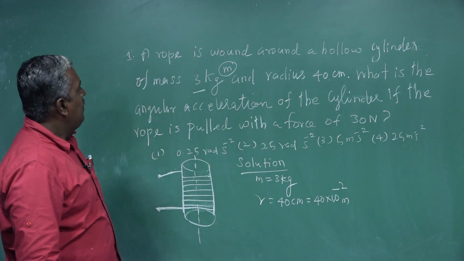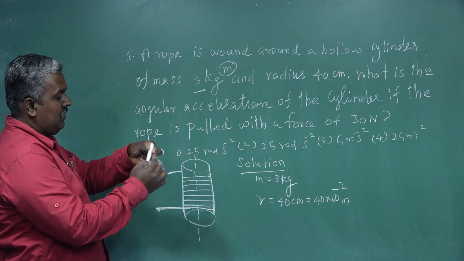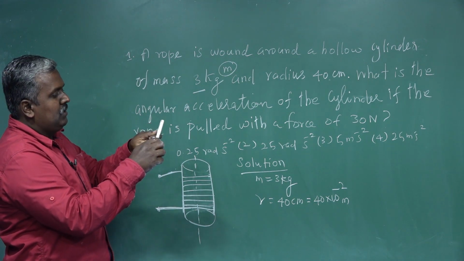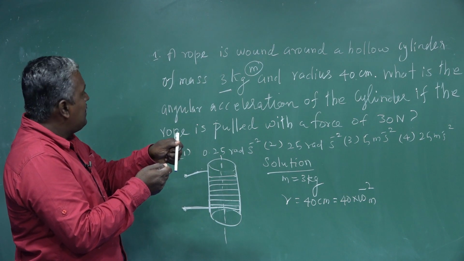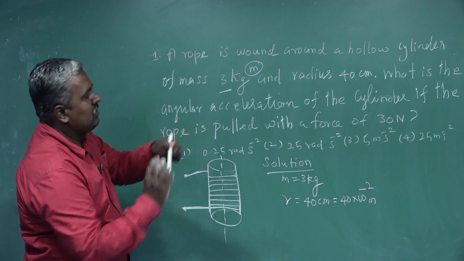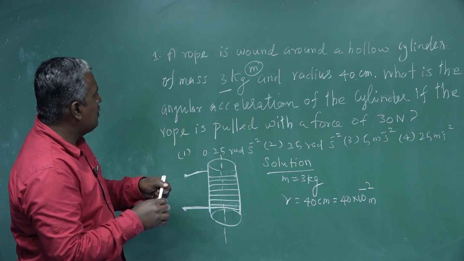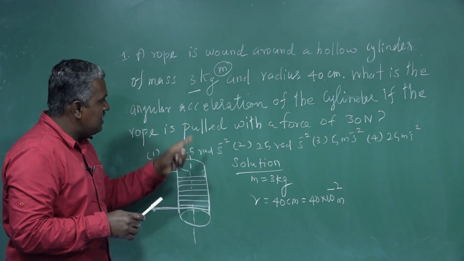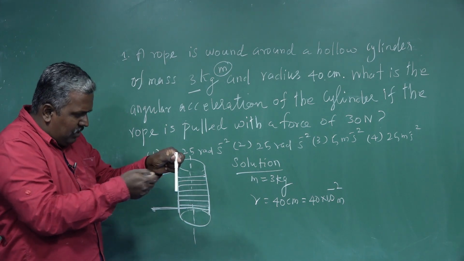What is the angular acceleration of the cylinder? The rope is wound like this very closely, one end and the other end. What is the angular acceleration of the cylinder if the rope is pulled with a force of 30 Newton?